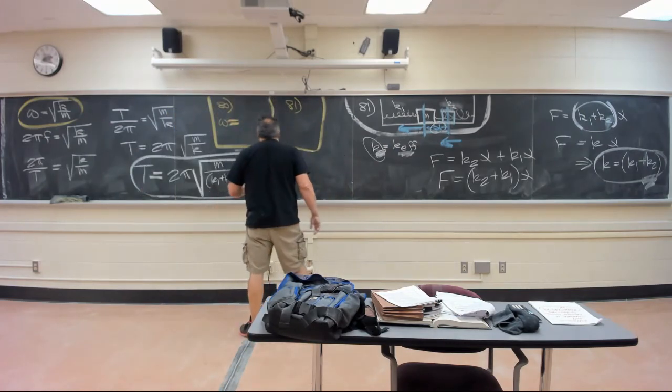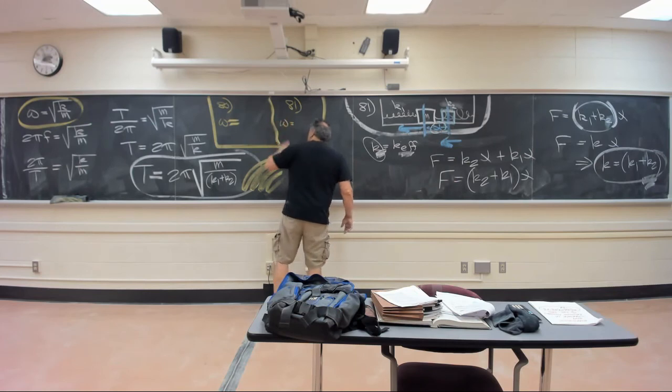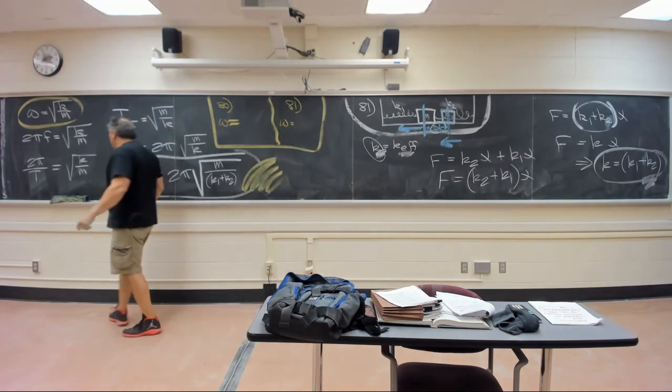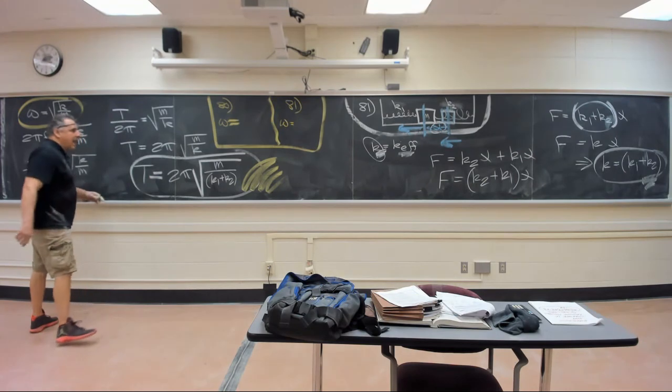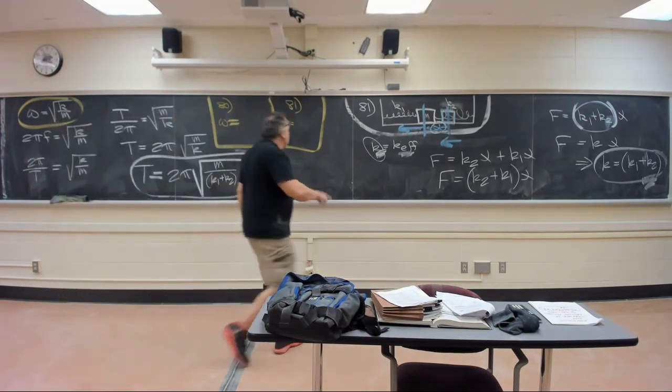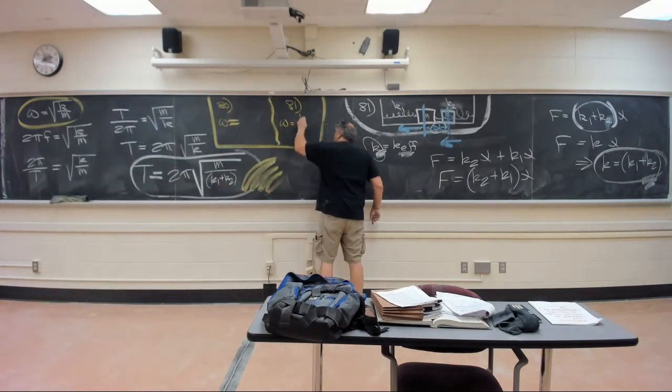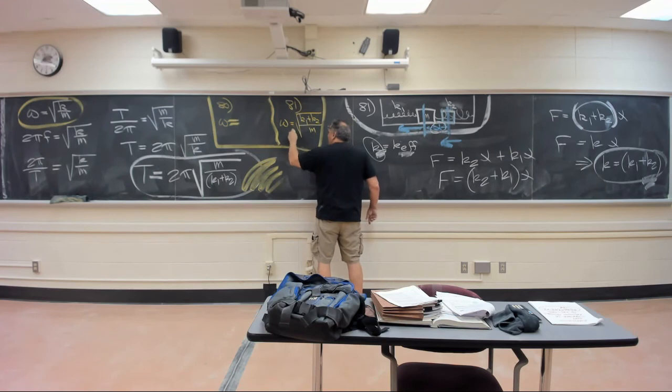For 80, and for this guy, the way you would do it, if you just left it here as omega, the K for the 81 was K1 plus K2 over M, squared.